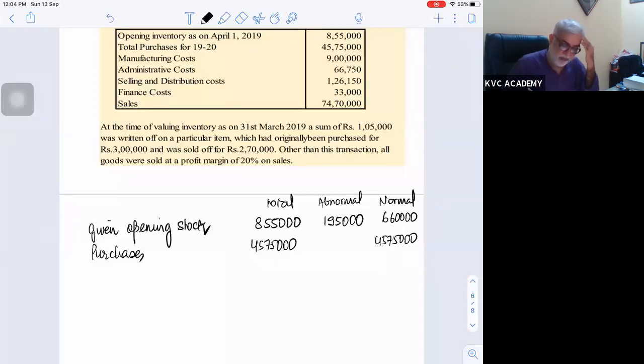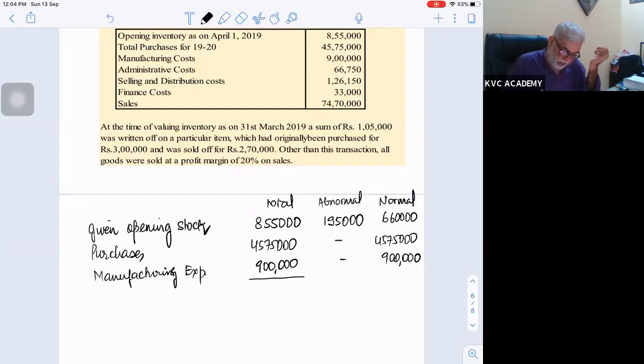My purchases is 4575, which is all normal item. And then my expenses, only manufacturing expense, is 9 lakh, which is only for this one. This is already manufactured and ready for sale.